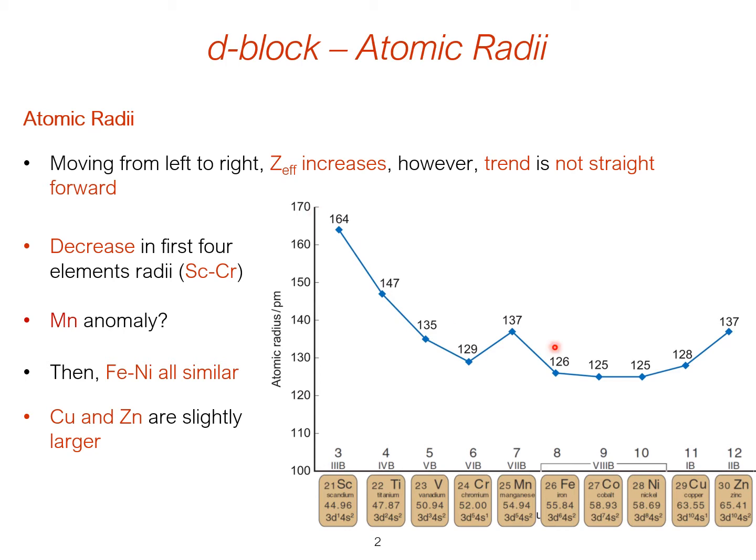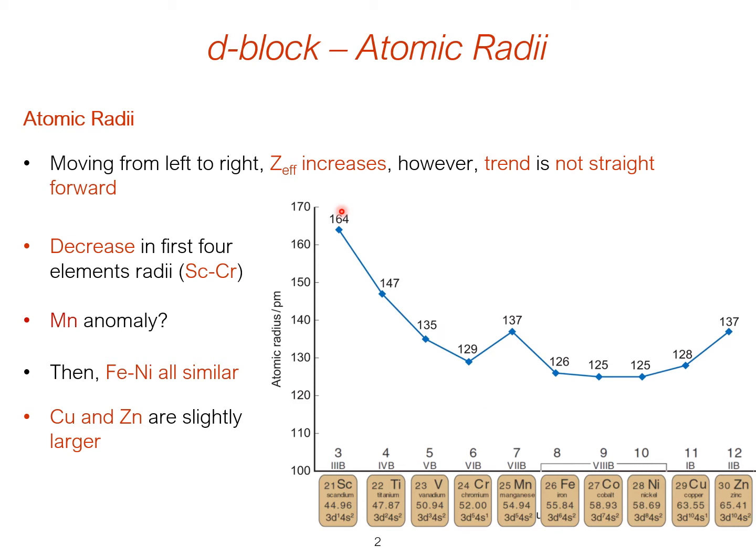So I've taken this graph from the textbook, which shows manganese as being quite an anomaly. If you just Google transition metal atomic radii, quite a lot of the graphs won't have manganese so high up, and it is actually just quite similar to chromium and iron, like all the others. The textbook also doesn't give a good reason for manganese having this anomaly.